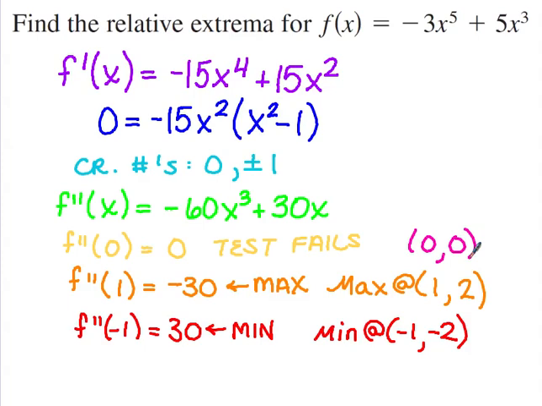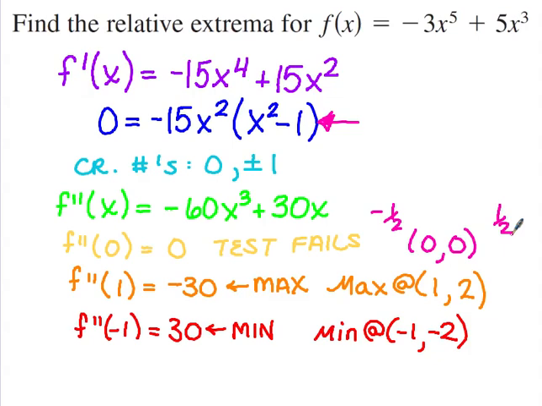I can't plug in negative 1 because I'll get 0, so I'm going to plug in negative 1/2. I'm seeing if it increases or decreases to see if it's got a min or a max at 0, 0. When the test fails, that's what you need to do.